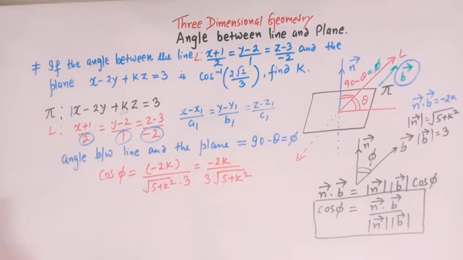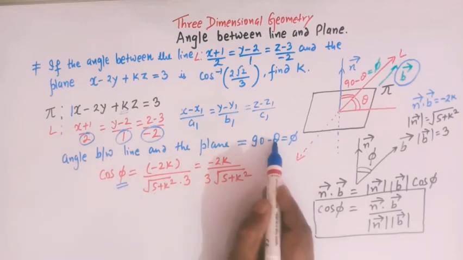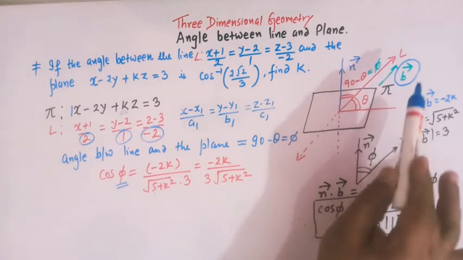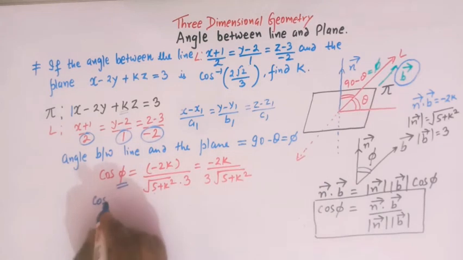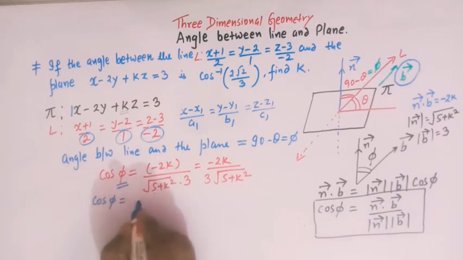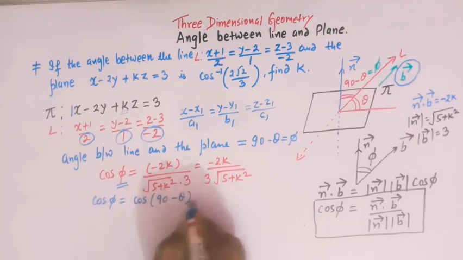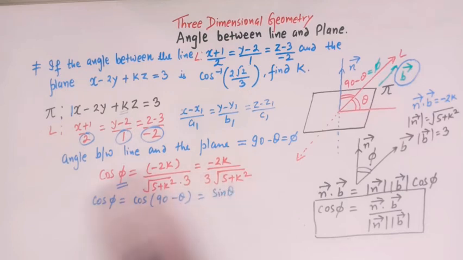So now viewers, let us substitute the value of phi, which is 90 minus theta, where theta is the angle between this line L and the plane pi, right? So cos phi is equal to cos of 90 minus theta, and cos 90 minus theta is sine theta, right?